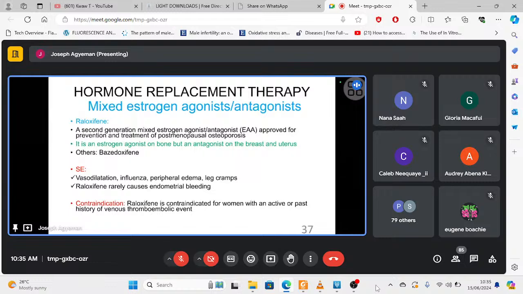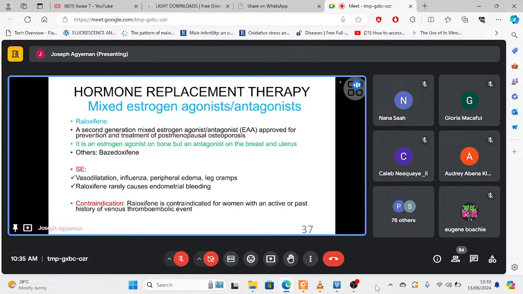Remember the positive effect of estrogen when it comes to osteoporosis. So can we give some of these agents for them to go and act as if they are estrogen? Try to activate estrogen receptors and give us positive results.